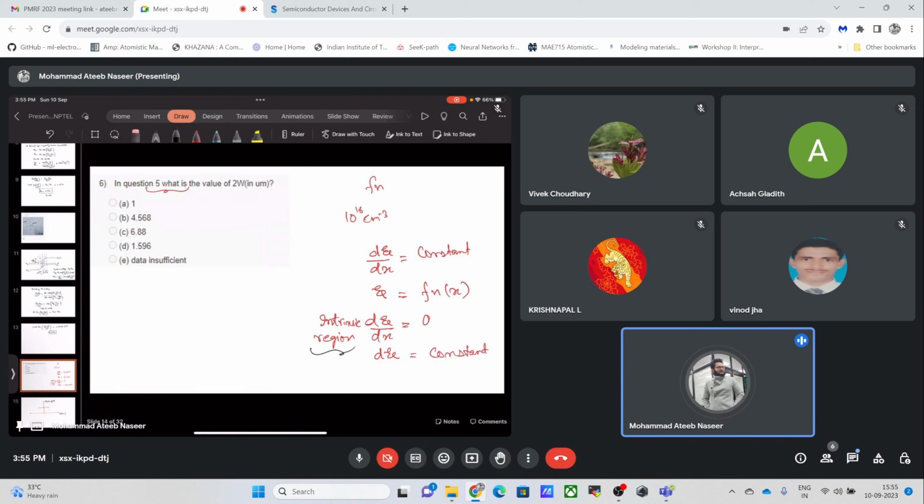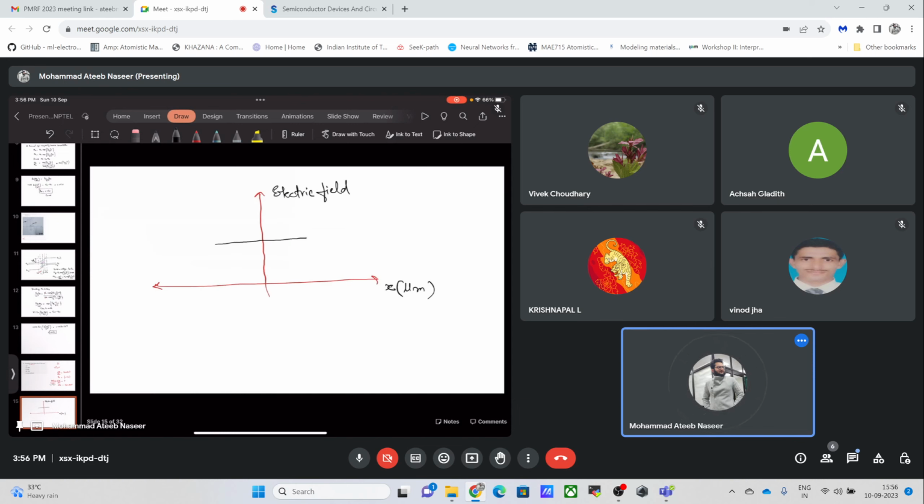Since rho was 0 in this region, the electric field will be constant from minus 0.5 to 0.5.